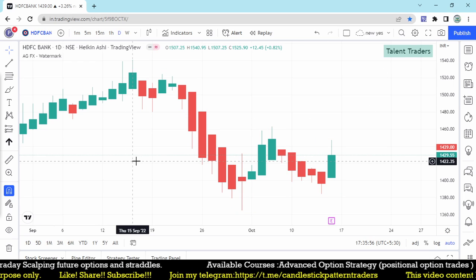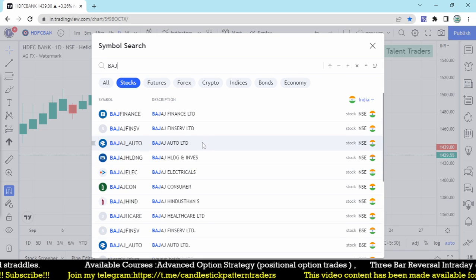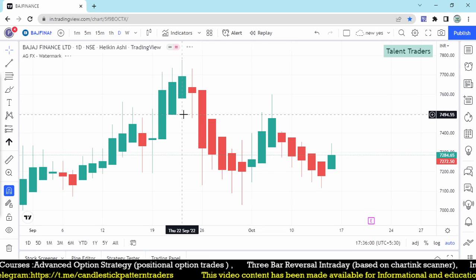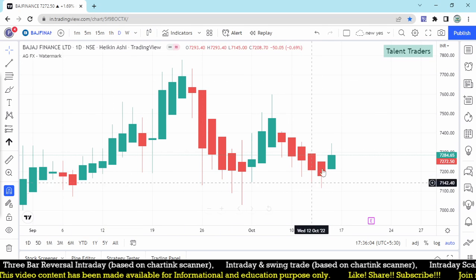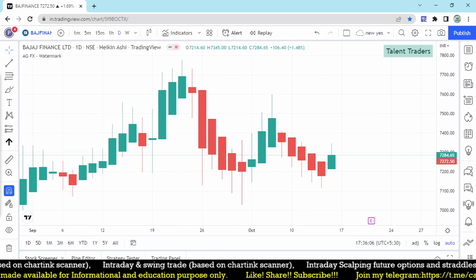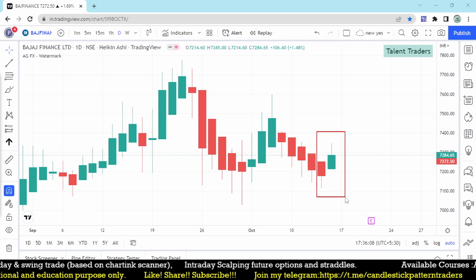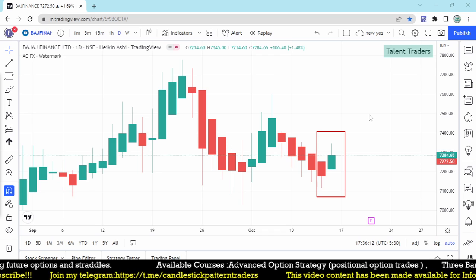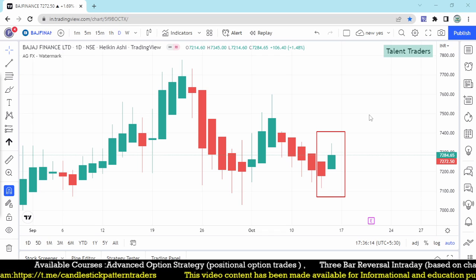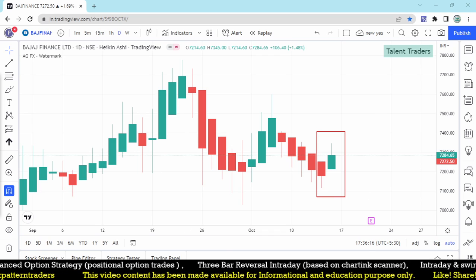So let's look at Bajaj Finance. In the candlestick pattern it was not a positive candle today, but in the Heikin Ashi candle it was a positive candle, and there may be a reversal tomorrow. It may continue the trend. Maybe if I buy today, by the end of the day tomorrow it may give you some opportunity to make profit.